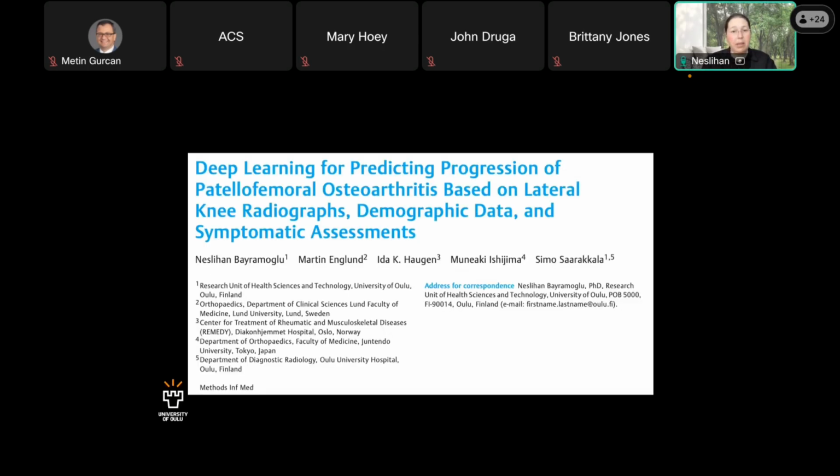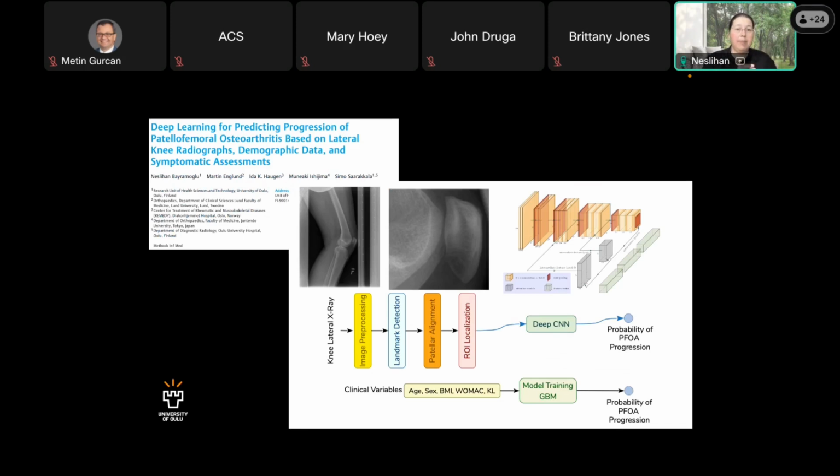And in our recent study, we utilized machine learning to predict the radiographic progression of patellofemoral osteoarthritis, again using deep learning and machine learning. We compared different models, and we also used attention mechanisms, and we combined this model with the clinical model.